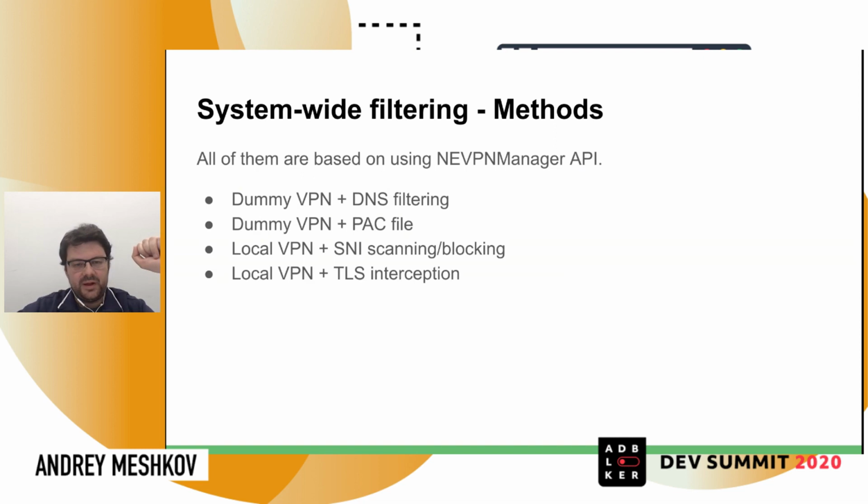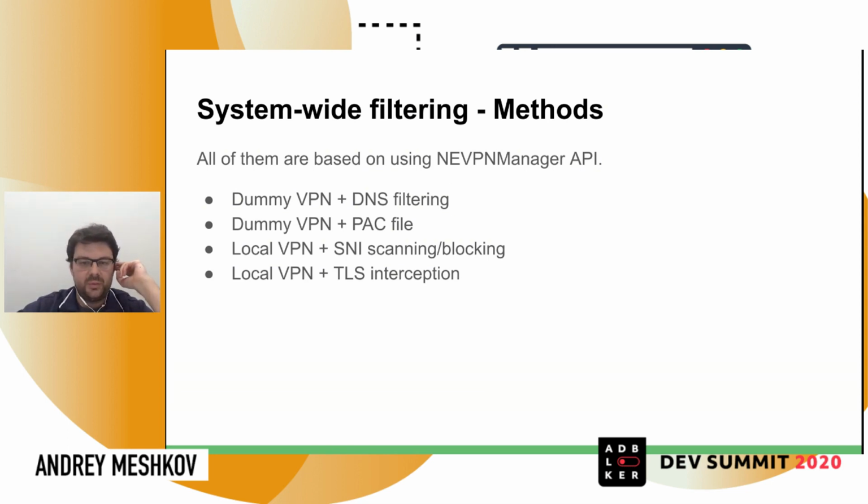It uses VPN API with the only purpose to change the network settings and to set DNS or proxy settings there, and that's kind of it. Local VPN, on the other hand, actually processes all the device traffic, which is heavier and a more complicated task, if you ask me. For instance, let's take AdGuard for iOS.